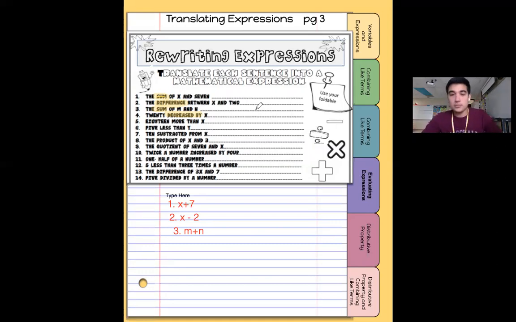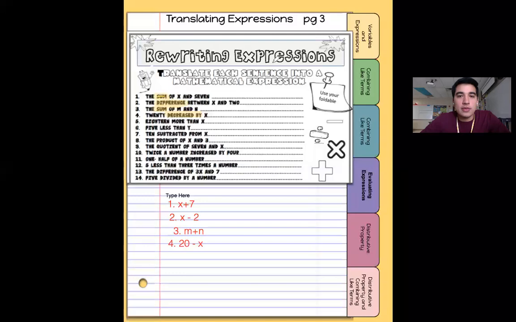So when I write my answer, since it's 20 decreased by x, what comes first? 20 minus, because decreased by is minus, x. That's it. 20 minus x is the same thing as 20 decreased by x. These are the same thing, okay? Now let's go to number 5.